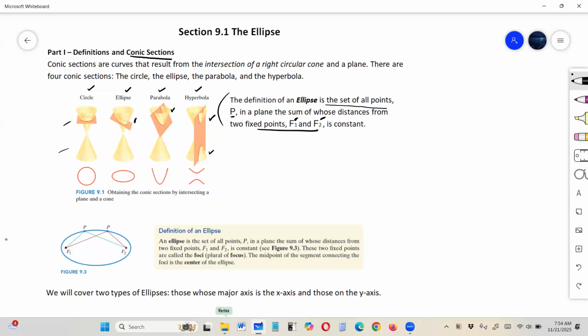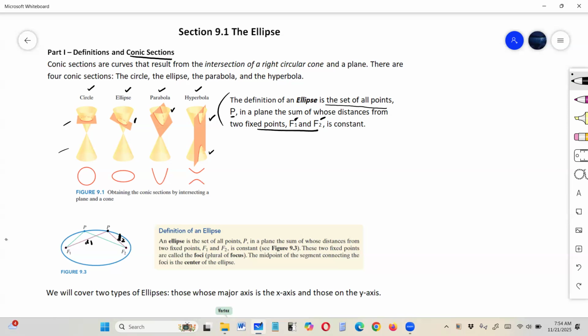So we have this kind of oval shape, kind of egg-shaped, and the point is on the blue line right here, where this distance 1 plus that distance 2, the sum of those two distances, is fixed. And that's why we get the ellipse.